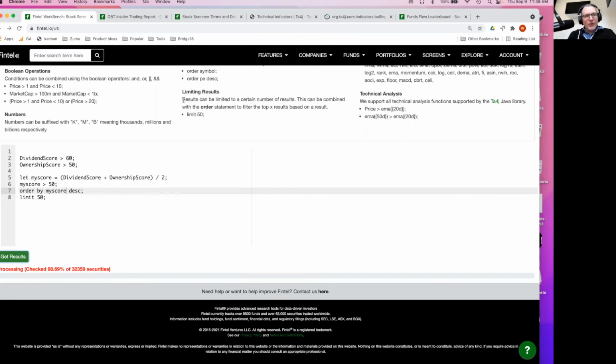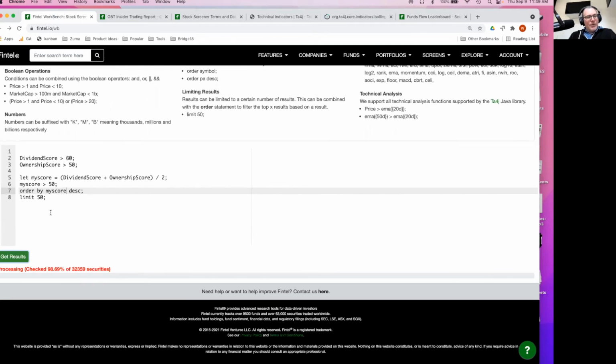That's really what this is designed to do. It's designed to provide you a way to find the best of something by combining metrics and scores into your own novel approaches, and then ordering them and displaying them.